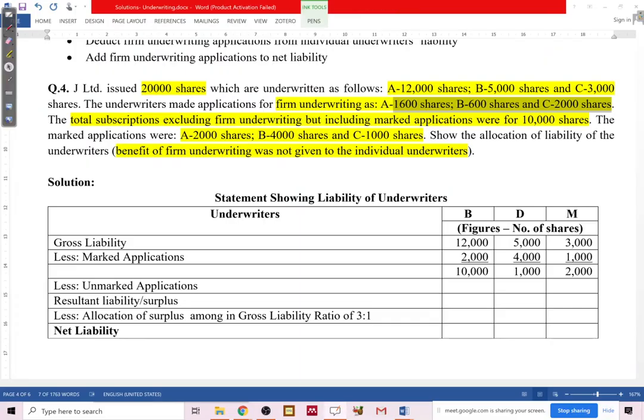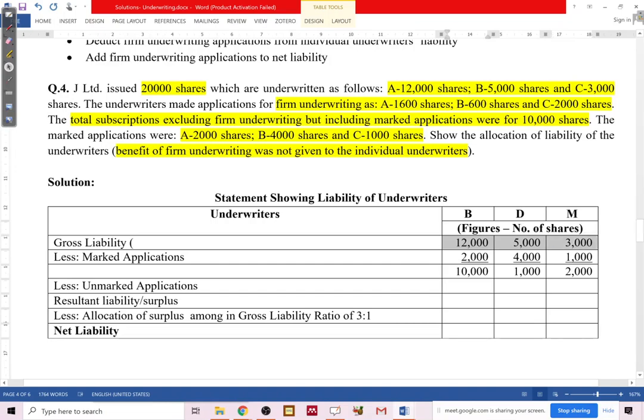Now what is the gross liability ratio? We had not written it here in the brackets. We have 12, 5 and 3000 taken by each underwriter. This is what they agreed upon. Now 12, 5 and 3, there is no common number that divides all three, so we cannot reduce it further to a ratio. We take it as it is, 12 is to 5 is to 3, which cannot be further reduced.